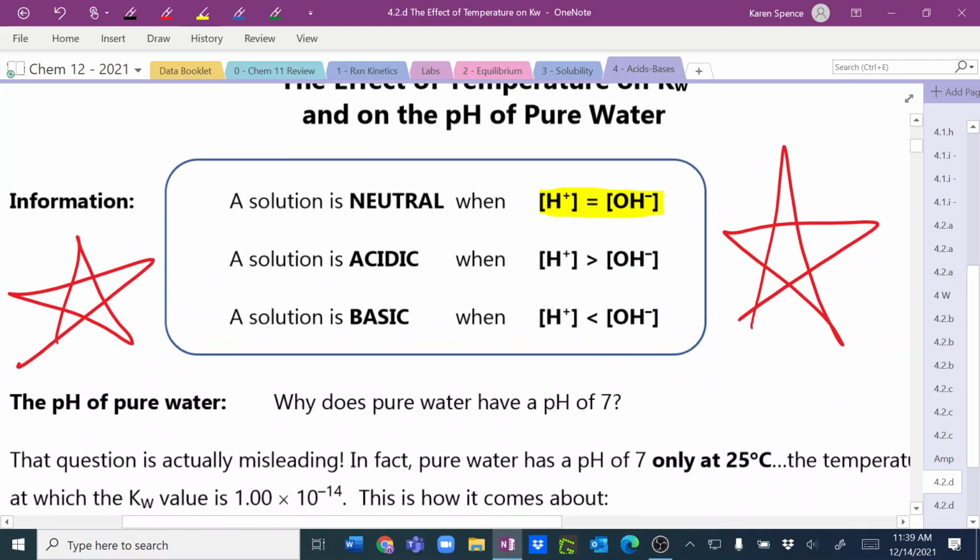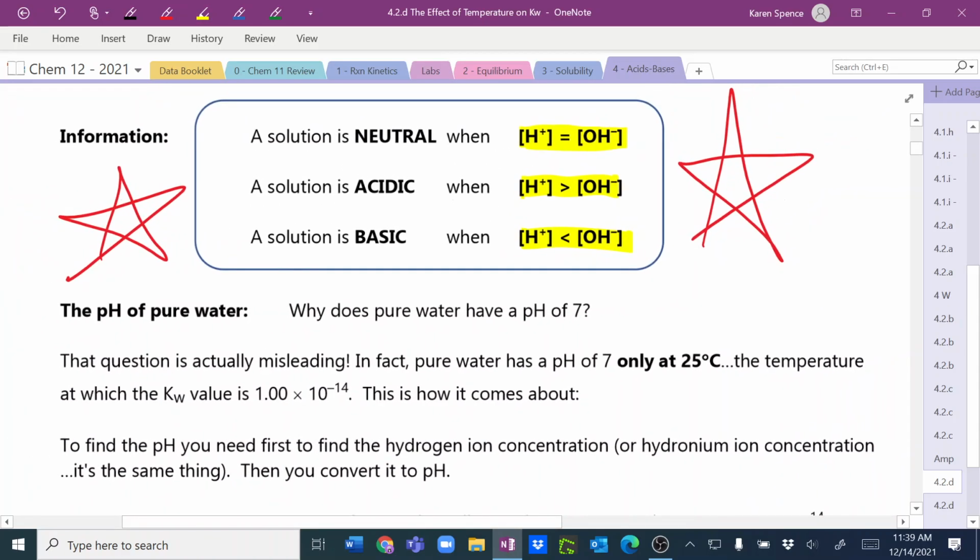Does that make sense? If you have the same amount, then it is neutral. If you have more hydrogen, it is acidic. If you have more hydroxide, it is basic. And really, that's all it comes down to. I know it seems super simple, but you'll see later on in this worksheet why that gets a little bit tricky.